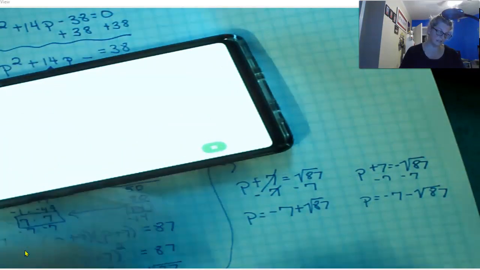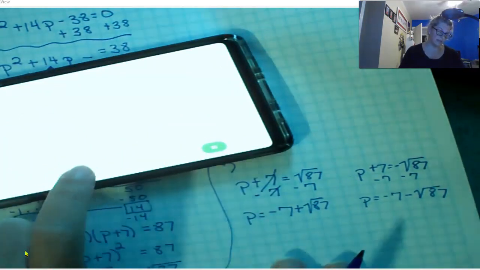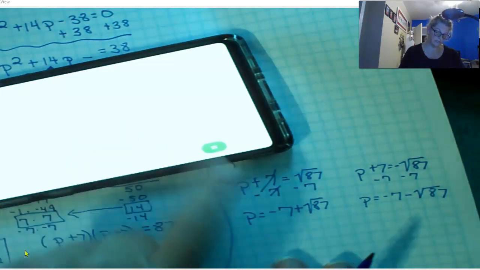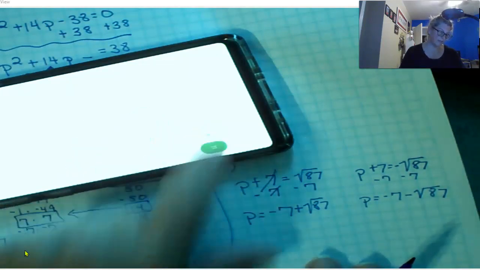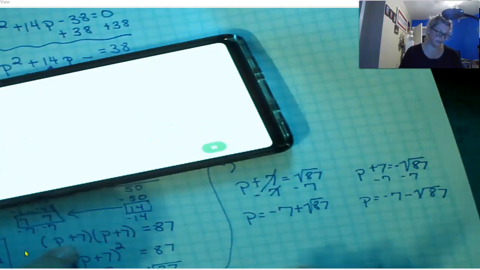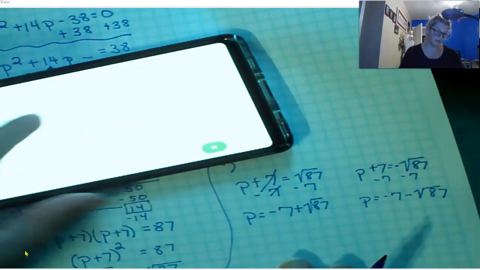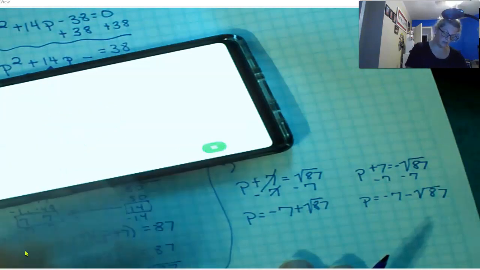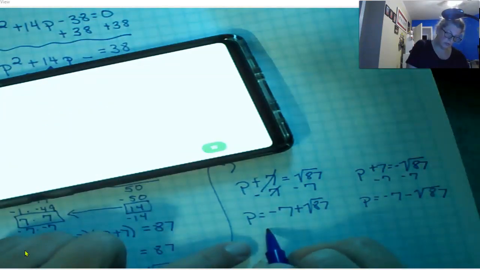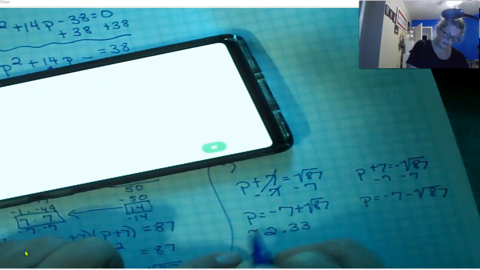I know you can't see that. I have a negative 7, close parentheses, plus the square root of 87, close parentheses, is going to give me 2.33. It's an approximation because I did it with rounding.